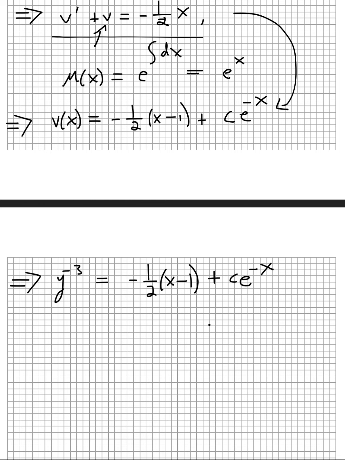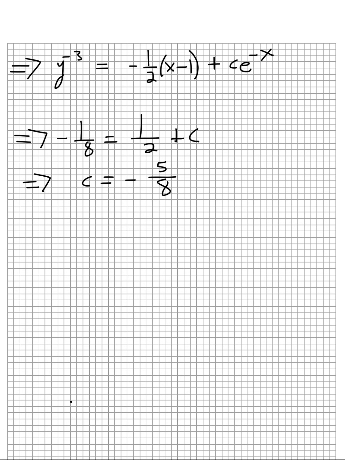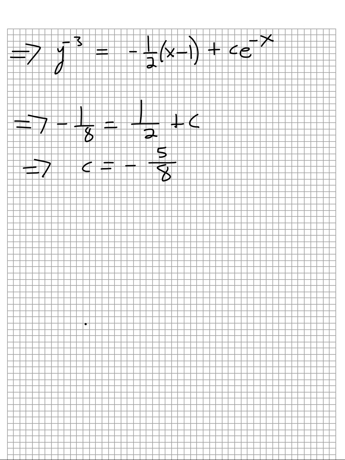And then we apply the initial condition to solve for c, and that's going to give us minus 1/8, which is going to equal 1/2 plus c, and this implies that c is going to equal minus 5/8, okay? It's just a matter of getting the explicit solution, but I will accept the implicit solution as well.